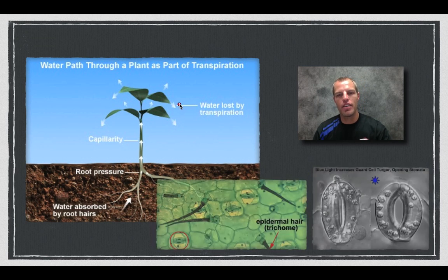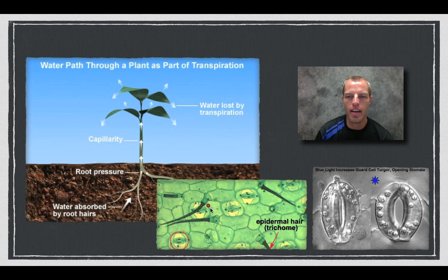If you remember, on the underside of the leaf, in the pictures down here to the right, are what we call stomata. These are the pores on the underside of the leaf, and they can open and close. When they're open, they allow oxygen and carbon dioxide to be transferred, but they also allow water to evaporate off of the tree.